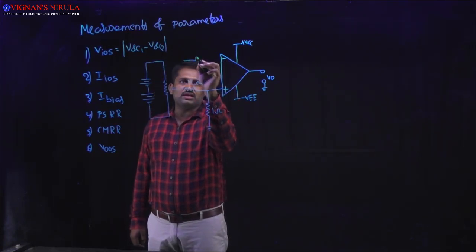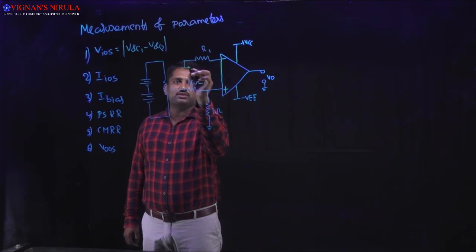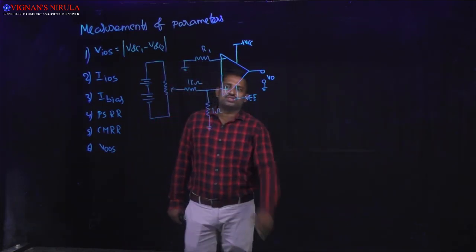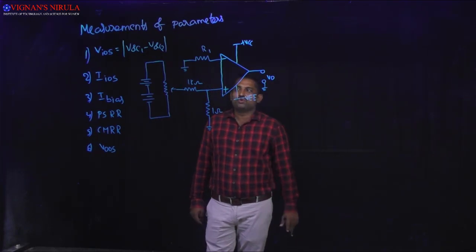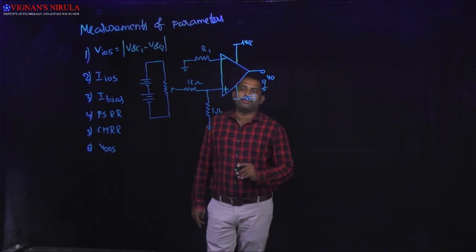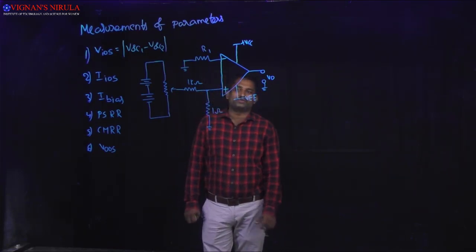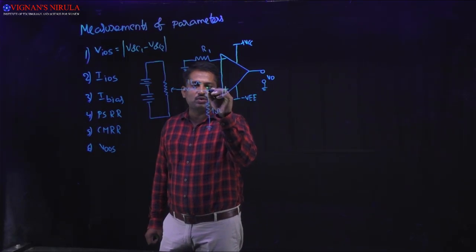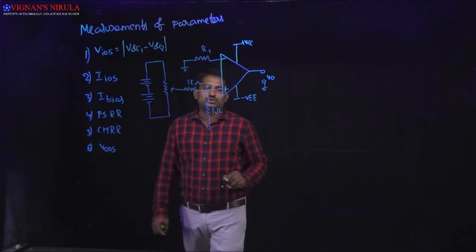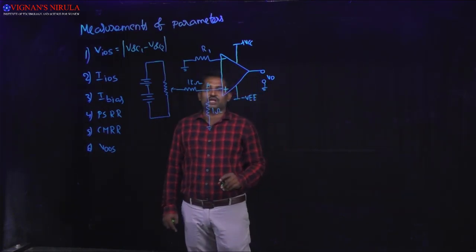Here I am connecting a resistance R1, which will be connected to ground. Now this is an open loop op amp. Using this open loop op amp, we want to calculate the input offset voltage, and here I am considering the node as A. We are applying the input at the inverting input terminal.